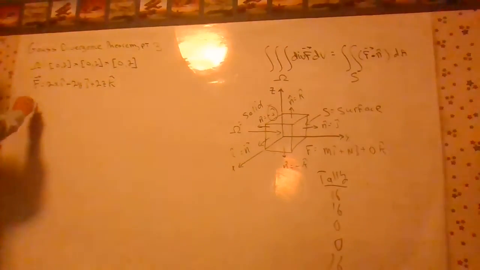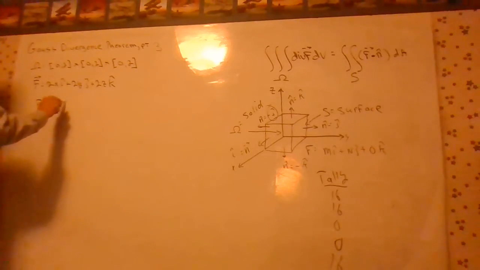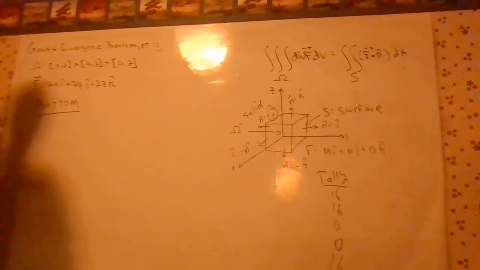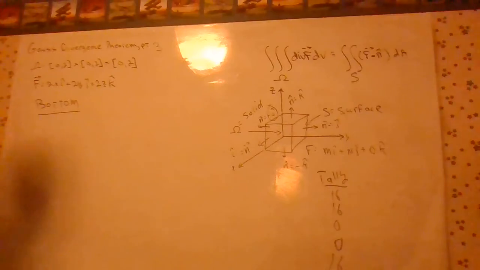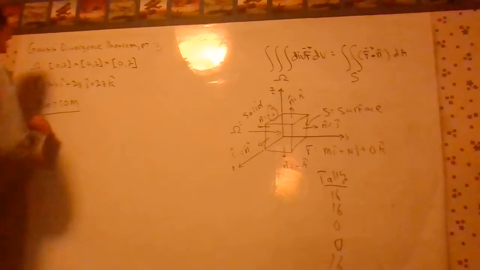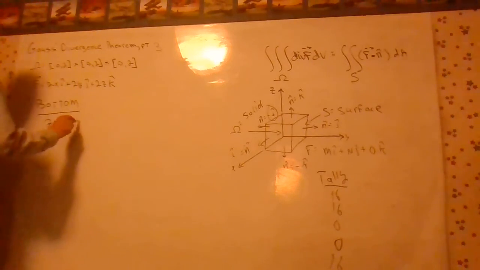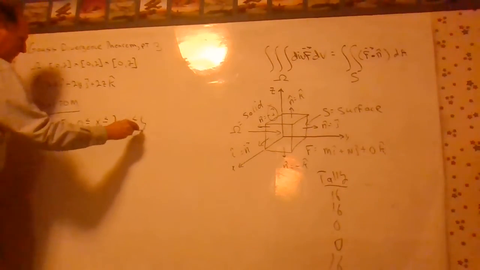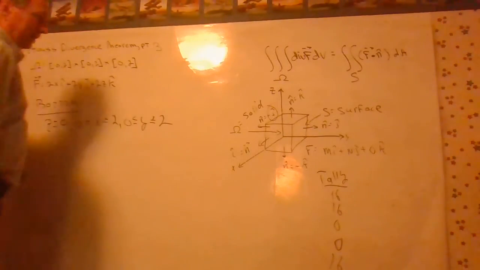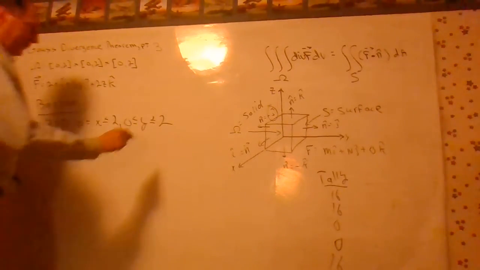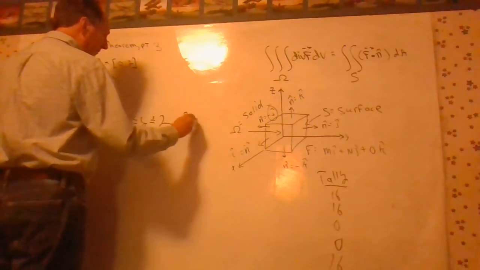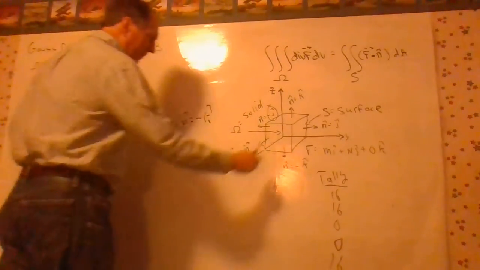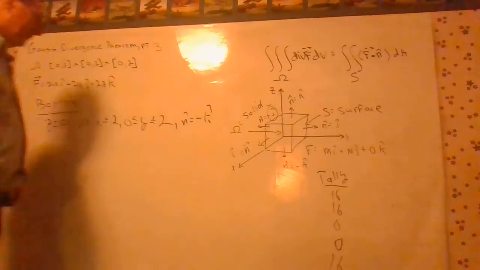Okay, let's do the bottom. Okay, we know that z equals 0. X and y go from 0 to 2, and the unit normal vector is negative k. It's pointing in the downward direction.